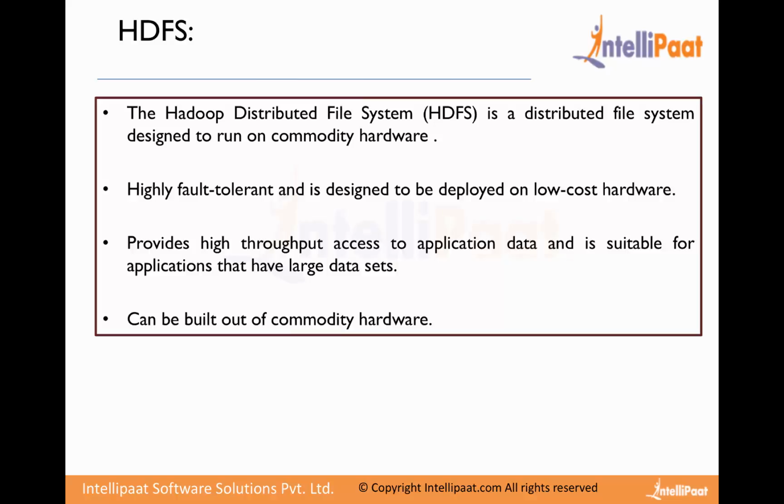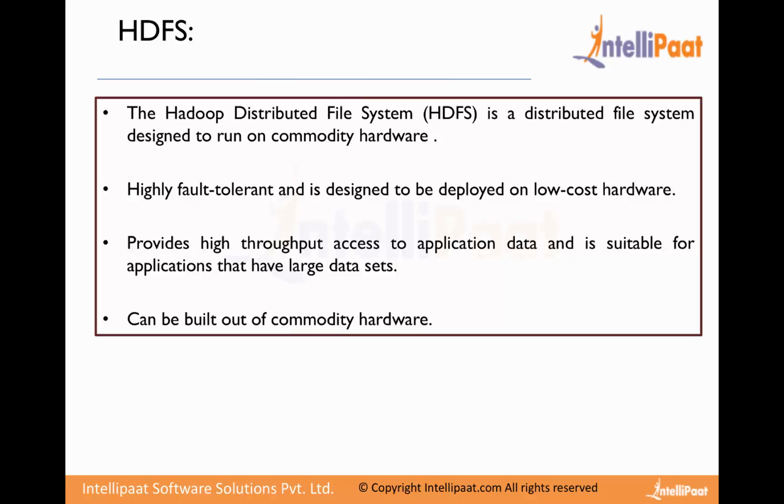It provides high throughput access to application data and is suitable for applications that have large data sets. Okay, so those are the fundamental objectives of it. You have to have high throughput access to application data. Any application that has to work on a large amount of data needs high throughput.